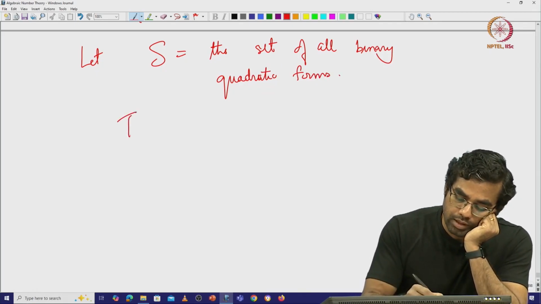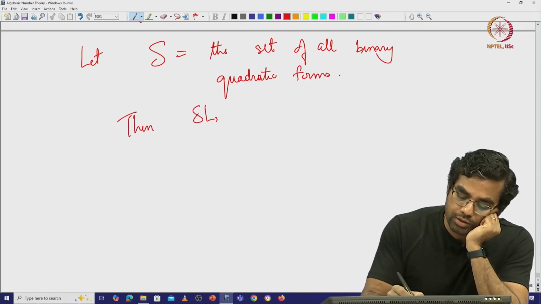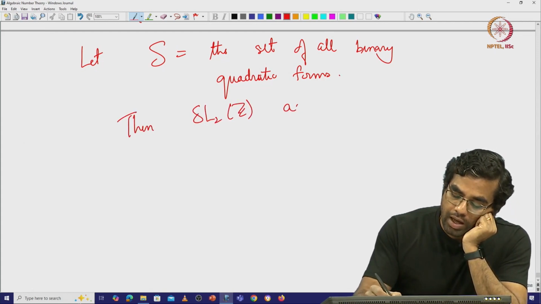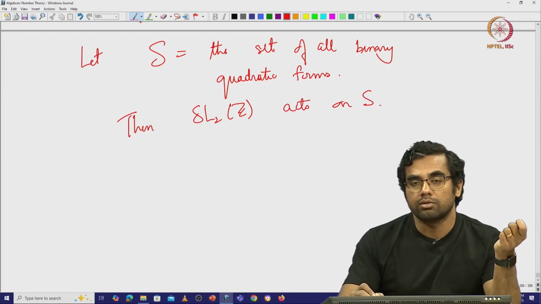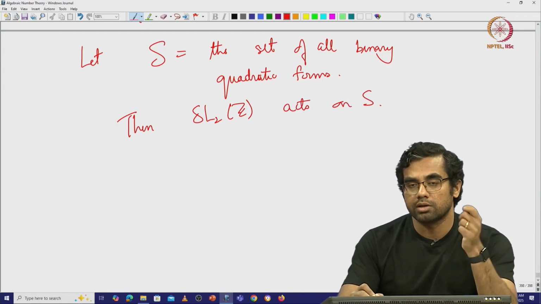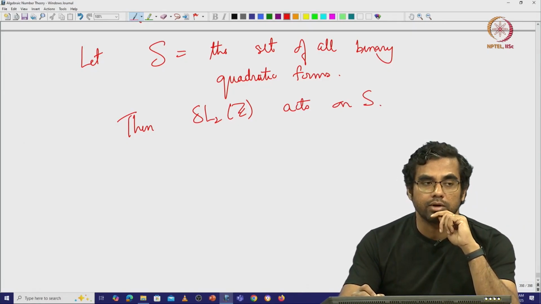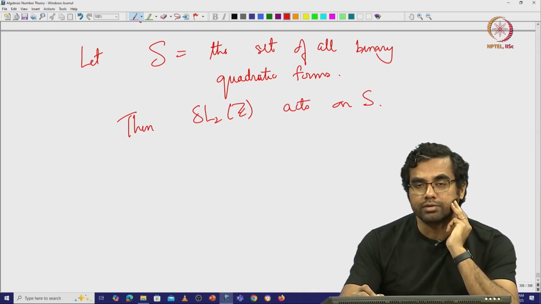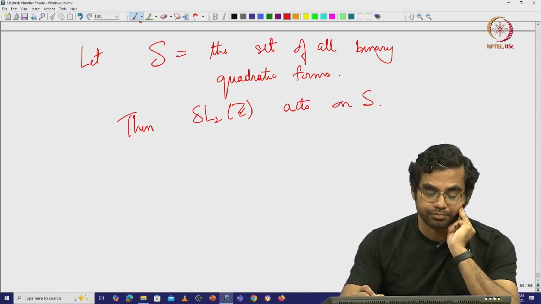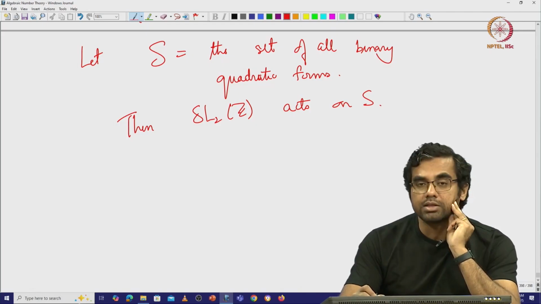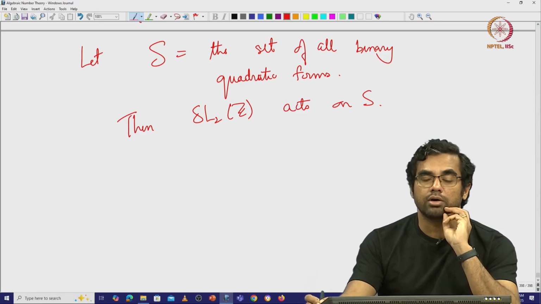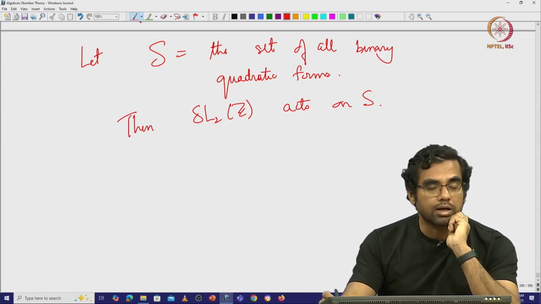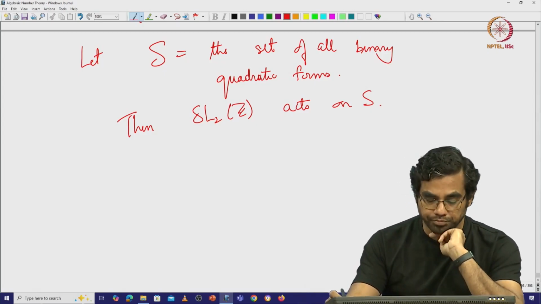Then SL2Z acts on S. You take a binary quadratic form and you get another binary quadratic form by this action, and the orbits of this action are the equivalence classes. So, that is why it is clear that it is an equivalence relation, because these equivalence classes come from the action of a group.